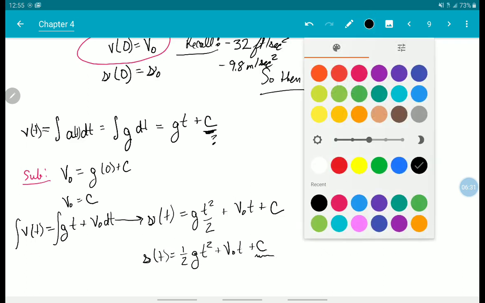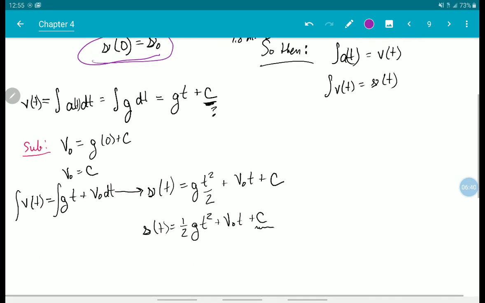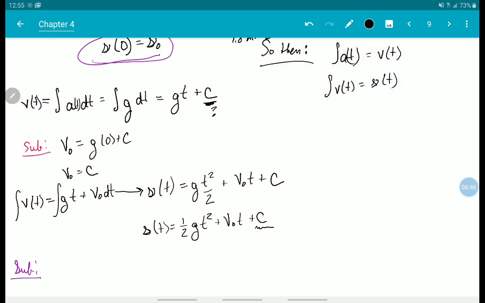And we're going to use that other piece of information, that initial value for that height. So if we were to make our substitution here, we said the initial height was some value, s naught, and we're substituting 0 in for t because that was the time when that happened.